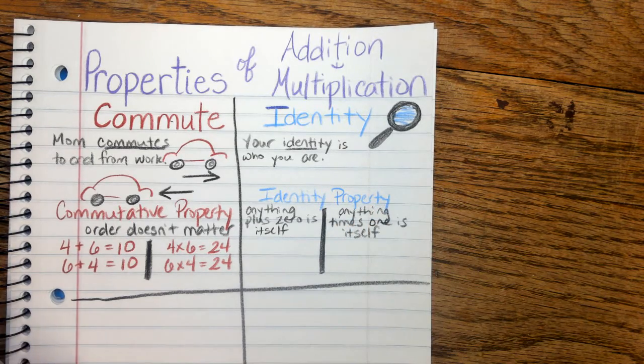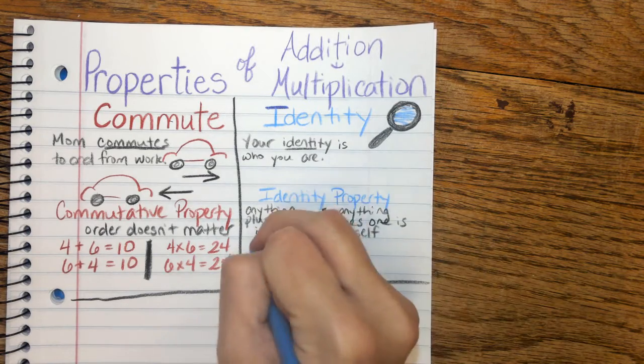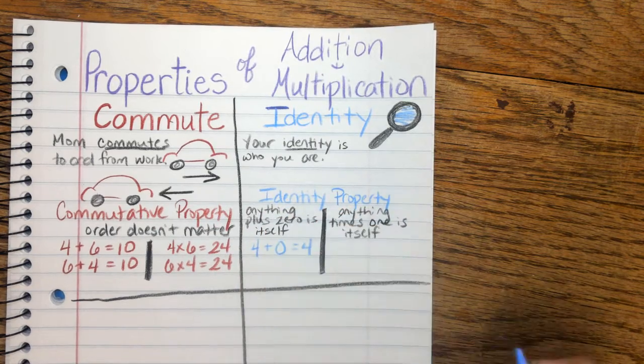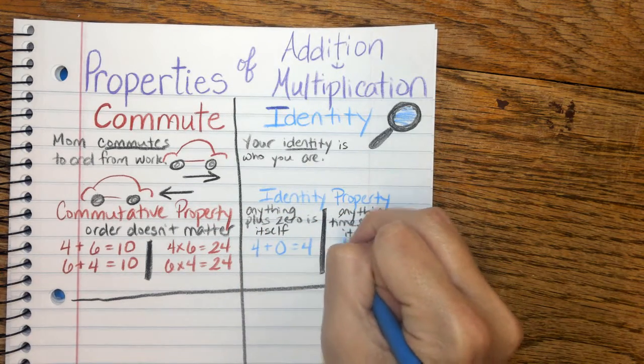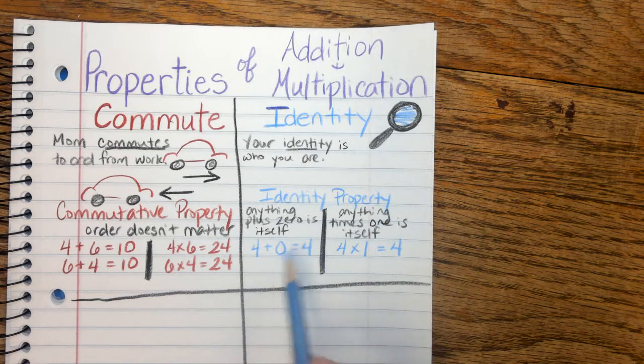So it's just saying that it's how to get the number back again, right? So 4 plus 0 equals 4. Okay, 4 times 1 equals 4. So sometimes they call this the 0 property of addition. It's just saying that anything plus 0 is itself, anything times 1 is itself.